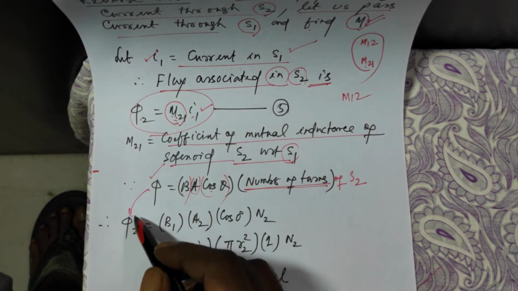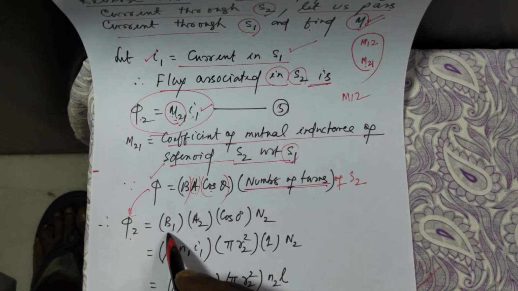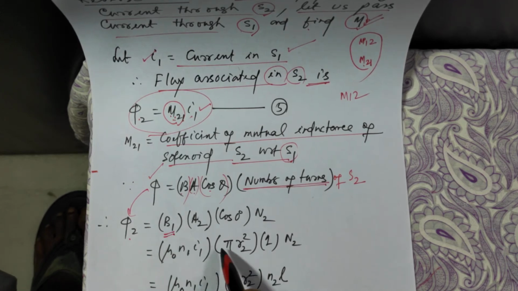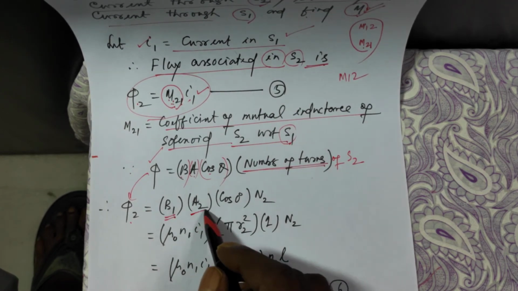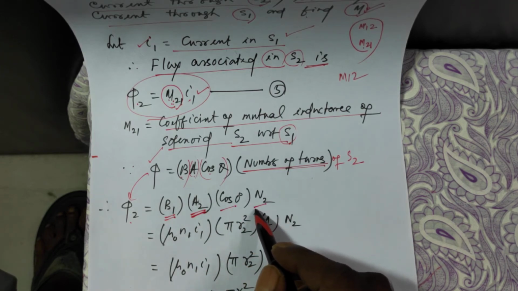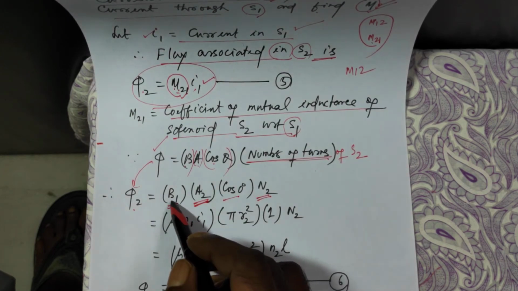So let the flux be phi 2. So B1, the magnetic field due to S1, times the area of each turn of the second one, that is S2, cos 0, times the number of turns in S2. B1 is due to the solenoid S1.